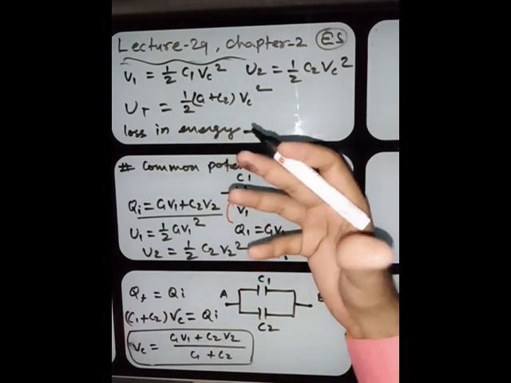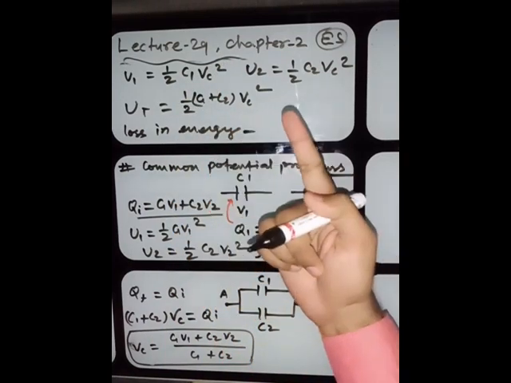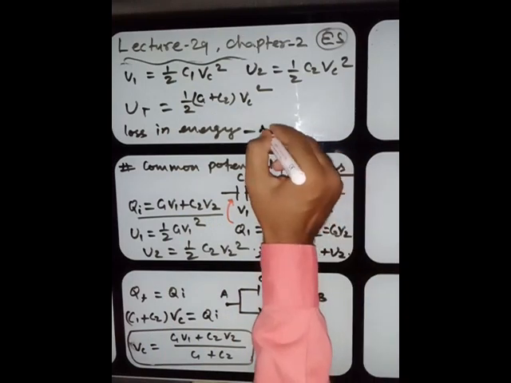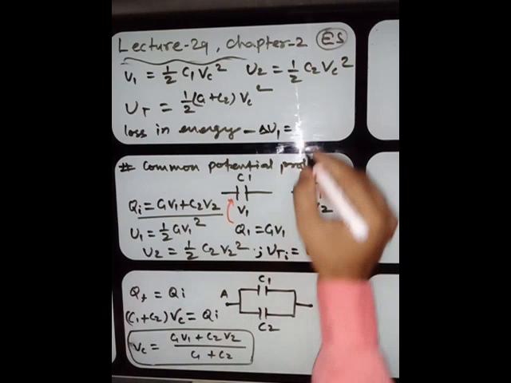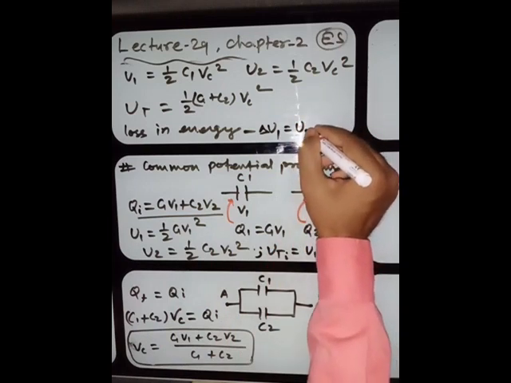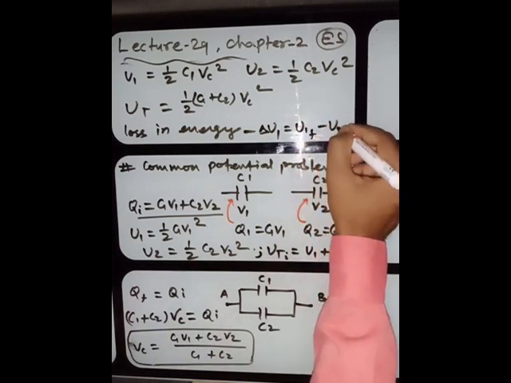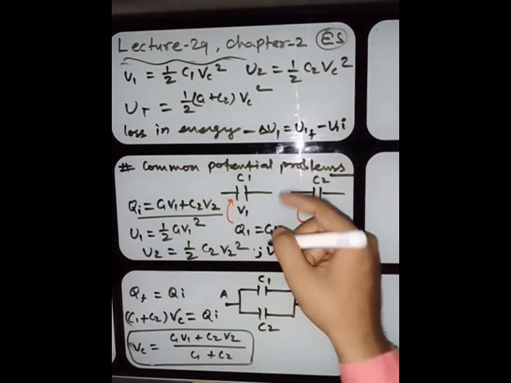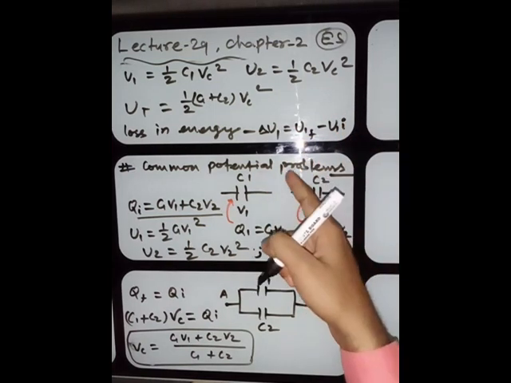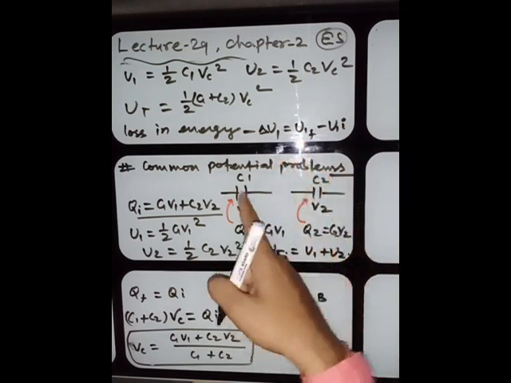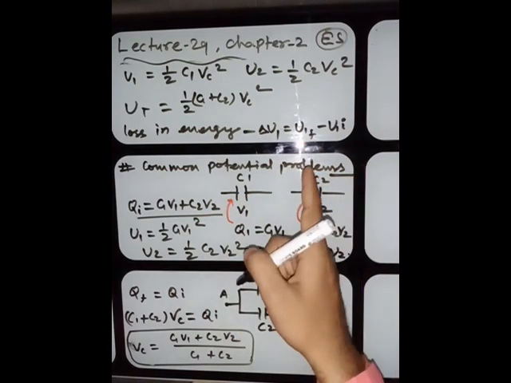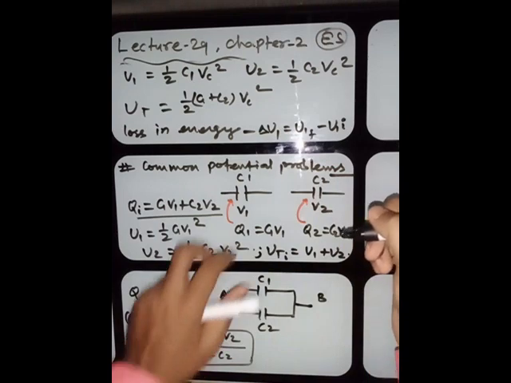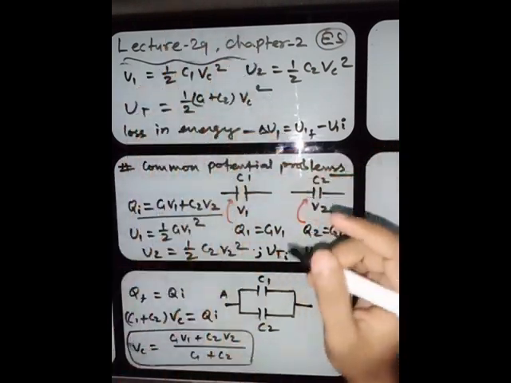Now the change in energy of the first capacitor, delta U, is U1 final minus U1 initial. In this way you can find the loss in energy of the second capacitor and the loss in energy of the entire network. All the equations have been written over here.